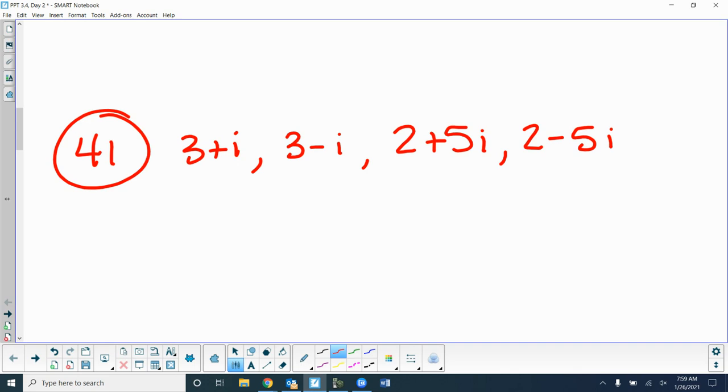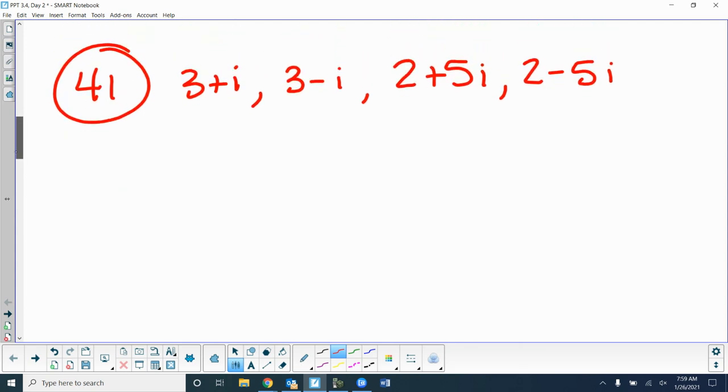Those are the zeros, and they're all non-real, imaginary. So if I gave you the polynomial that goes with that, you wouldn't be able to see them on the calculator at all. All right.